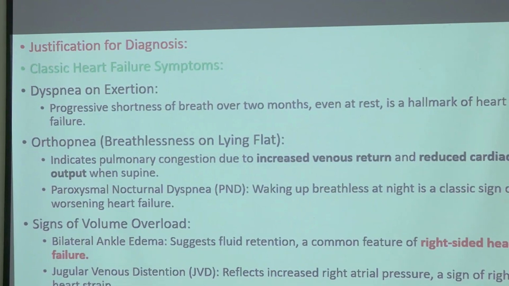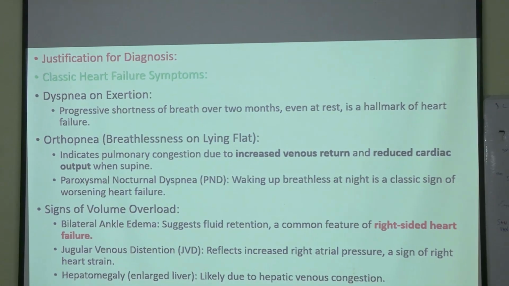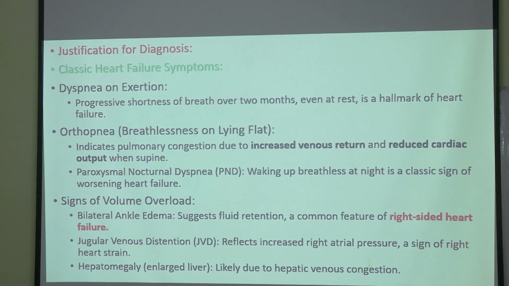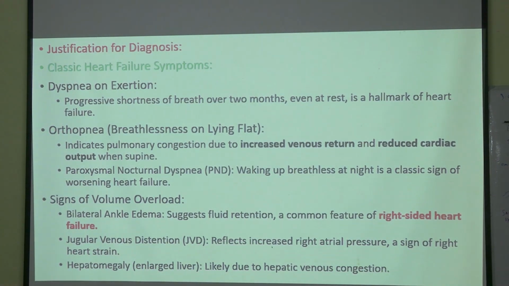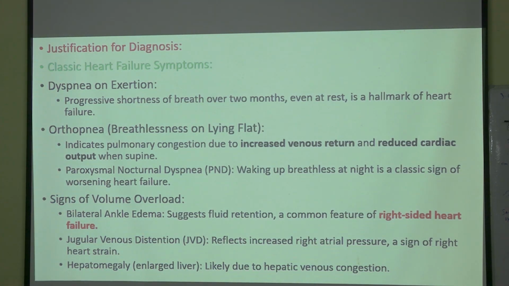Now, what is the possible justification? See, the first one, there are some classical symptoms related to the development of heart failure. So what are those classical symptoms based on which we can diagnose the subject?